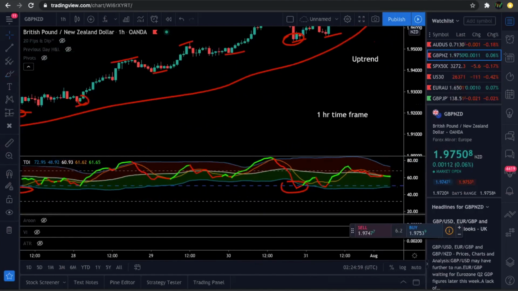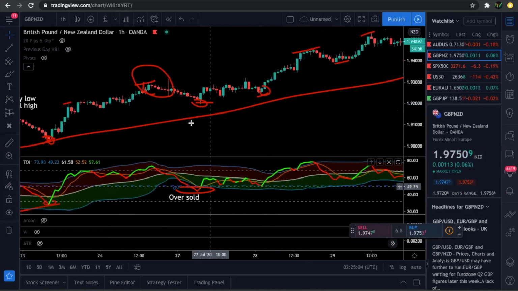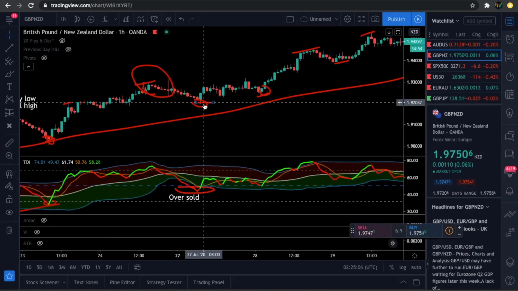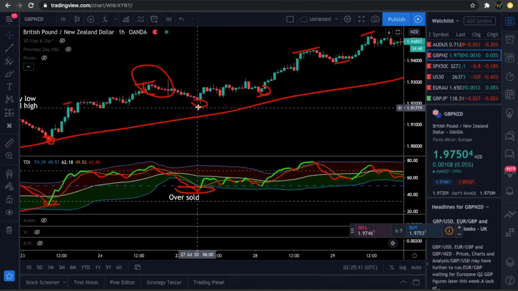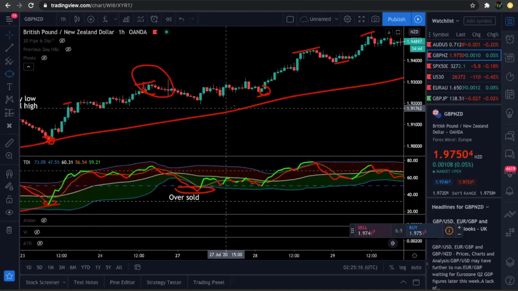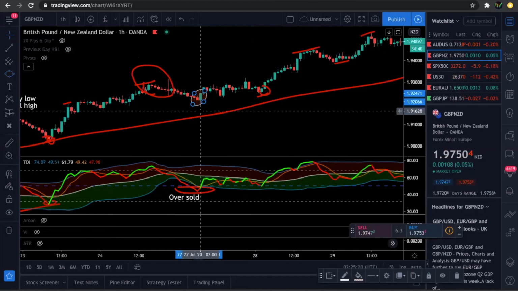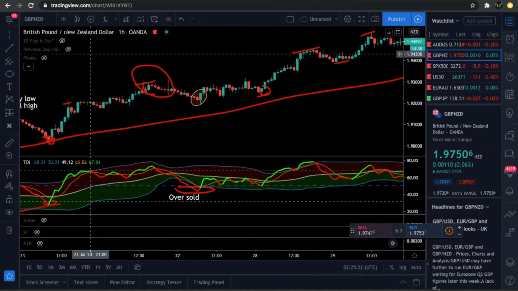All right. Oversold area. Boom. Let's say that we want to enter right here. All right. I'll just mark up the area, and I will go on my 5-minute time frame.